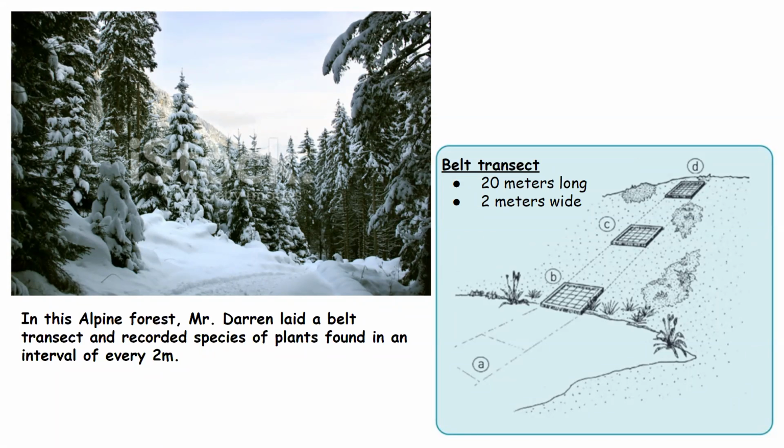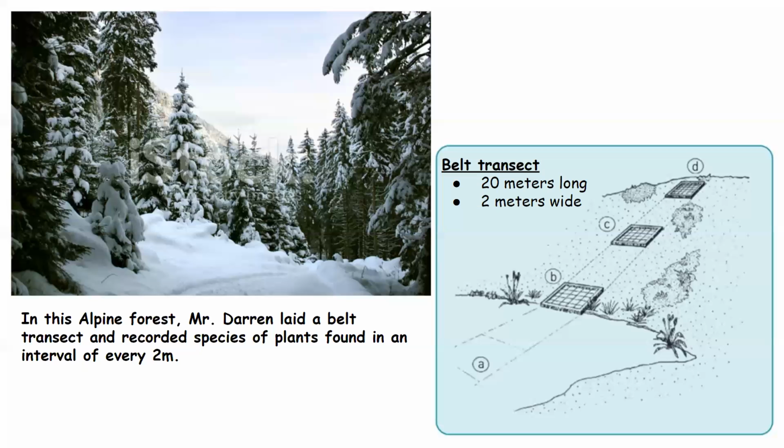So this is the alpine forest of New Zealand, and Mr. Darren used a belt transect to record species of plants found at intervals of every 2 meters along this hill or mountain.